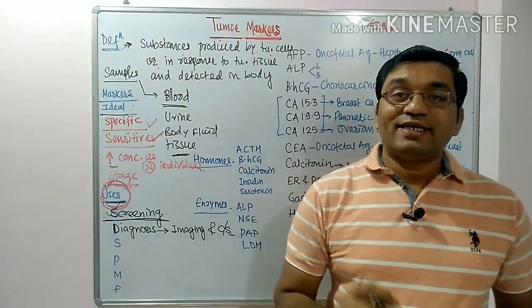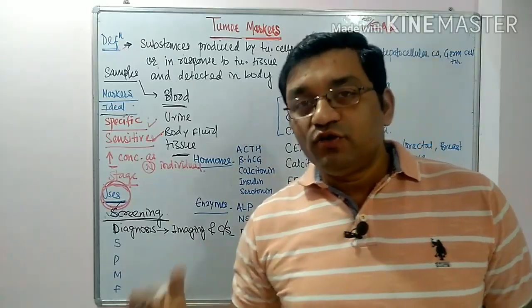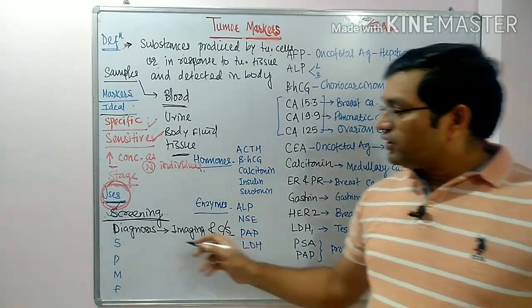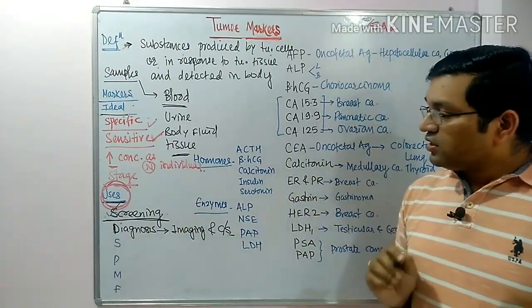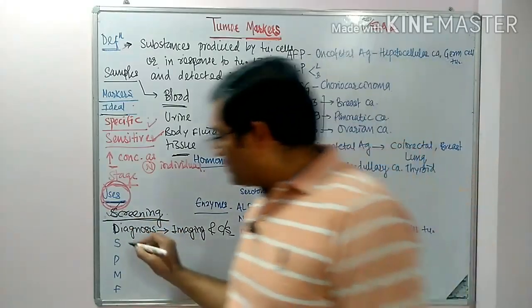For example, alpha-fetoprotein level is used for the diagnosis of hepatocellular carcinoma. So screening, diagnosis, then staging.